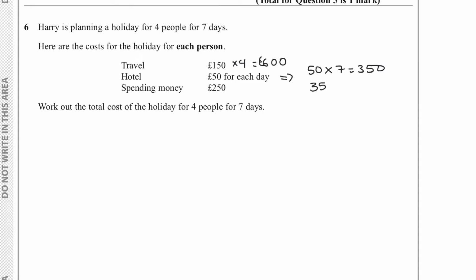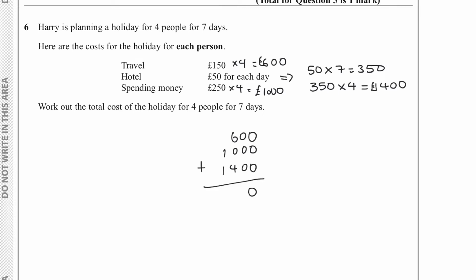To work out 7 days for 4 people, you do 350 times 4, which leaves you with £1,400. And for spending money, times that by 4, which leaves you with £1,000. Then add that all together: 600 plus 1,000 plus 1,400. That should leave you with 0, 0, then 0, carry the 1, 3. So that should be a total of £3,000.